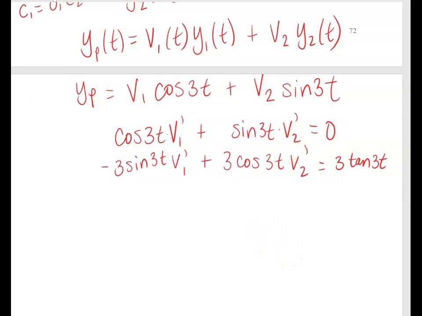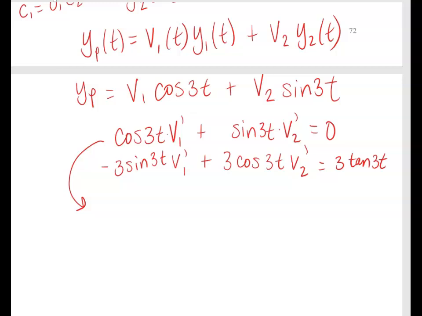So we're going to do a little bit of algebra here, and looking at my notes now, what I think I did is I went ahead and used substitution. I took the first equation and I solved it for v1 prime. So take that first equation and rewrite it so that v1 prime is by itself.